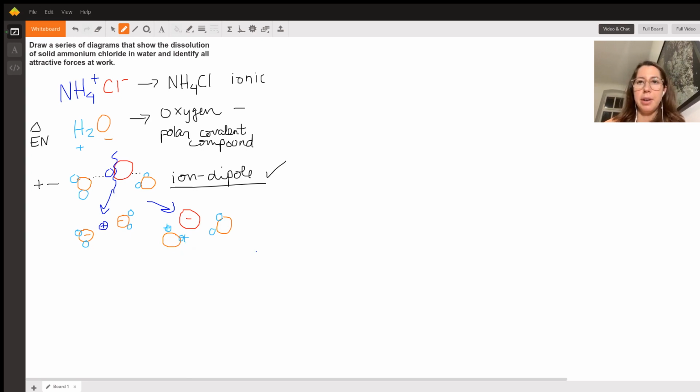So once again, we have an ionic compound, ammonium chloride, and it's going to be interacting with water, a polar covalent compound. Once those ion-dipole forces are stronger than the ionic compound itself, it's going to break apart into separate ions, the ammonium ion and the chloride ion.